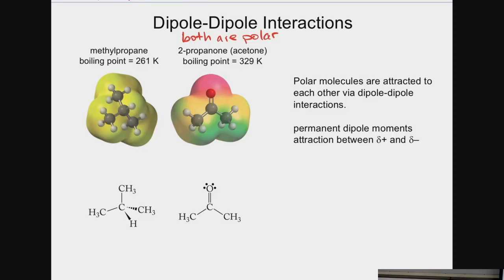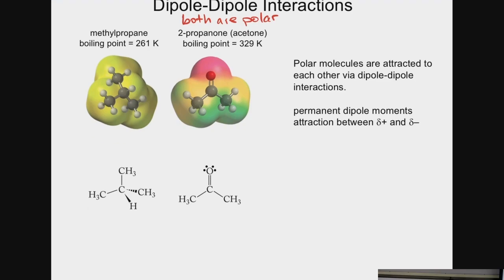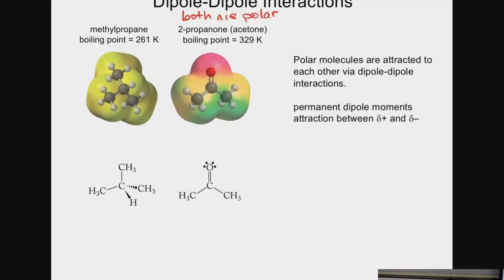because by color scheme, it doesn't really look too much like it's polar. But you can tell, if you look at the Lewis structure down below, that it is polar, because this is tetrahedral, and we can see that we've got different dipole moments on the 4 bonds. One of them is different. So the carbons are a little bit more electronegative than the hydrogens are, and you don't even need to know that.